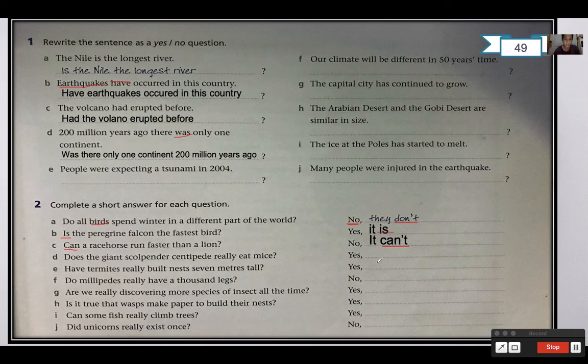Let's do the last one. Does the giant scolopender centipede really eat mice? Yes, it does. Centipede is ciempiés, right? So does. And the answer is positive. Yes, it does. So you must do the same with the other questions.